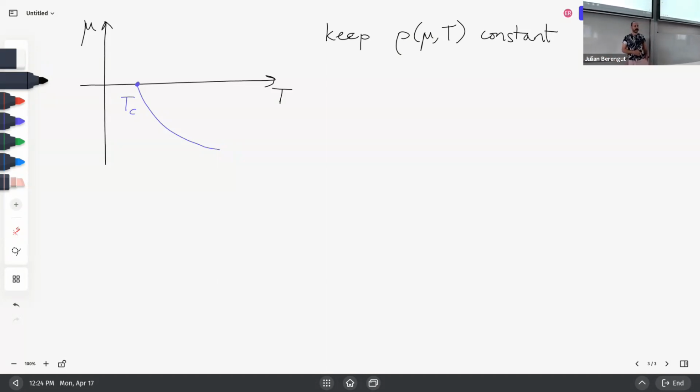Okay. So we have the introduction of a critical point. At some temperature Tc, the chemical potential vanishes. Below this Tc, this critical temperature, we can't keep the density constant anymore. Can't keep the density fixed.